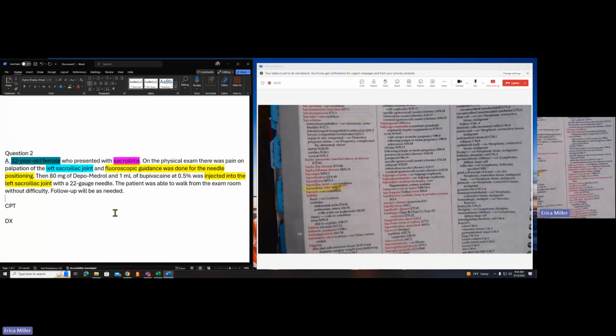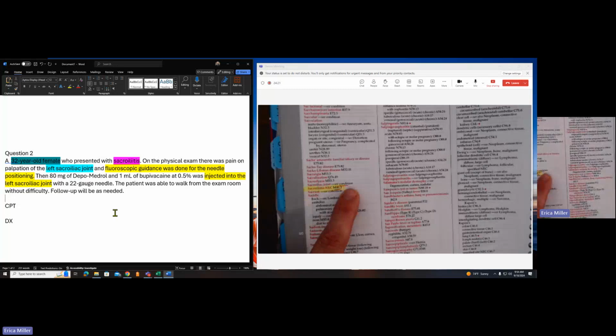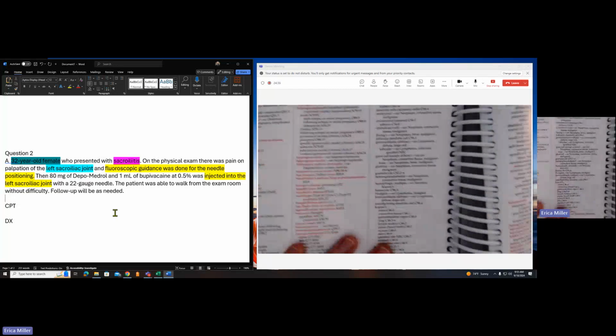If you notice here, you've got sacroiliac joint, and it says see condition. Well, the condition is the patient has sacroiliitis. So we're going to go with that, M46.1.